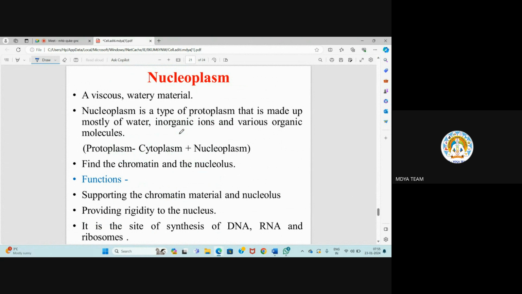The same composition we have seen in cytoplasm. Now, protoplasm is cytoplasm plus nucleoplasm. So here we get the new term, that is protoplasm. So what is meant by protoplasm? Protoplasm is cytoplasm plus nucleoplasm. Okay. So what we have learned cytoplasm yesterday?